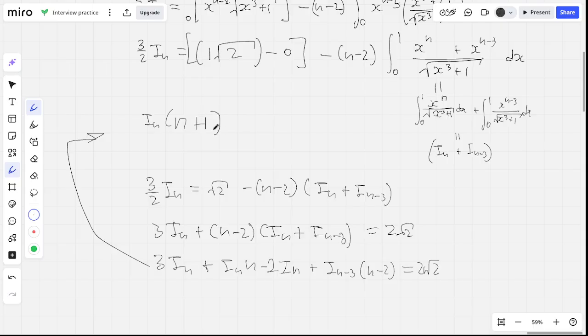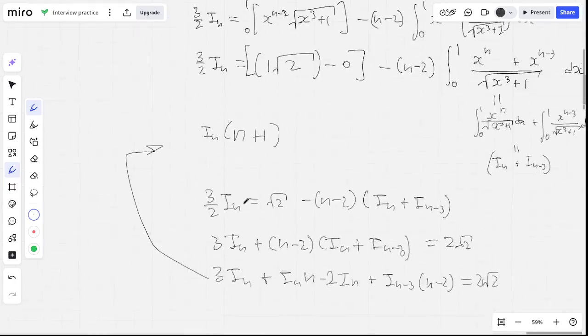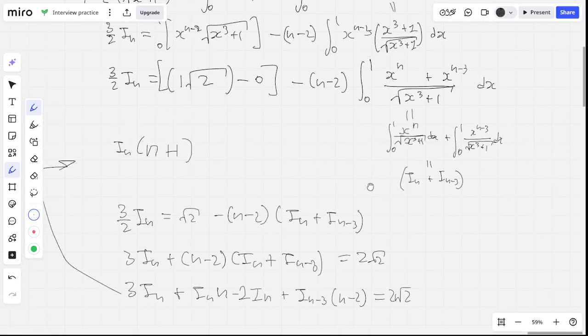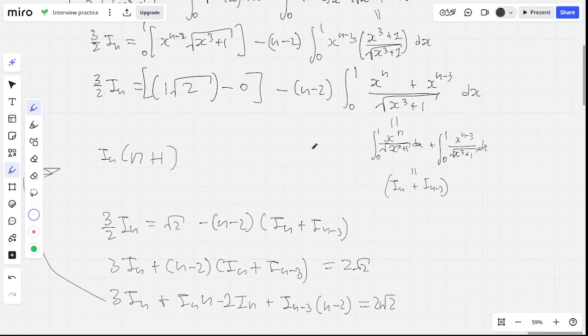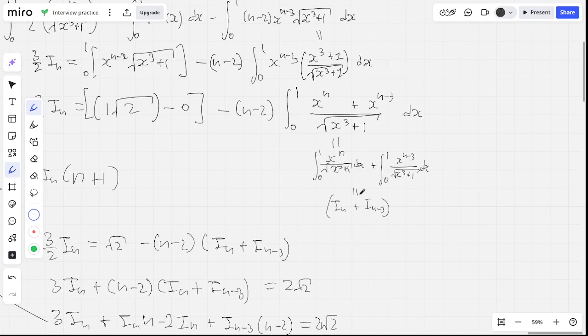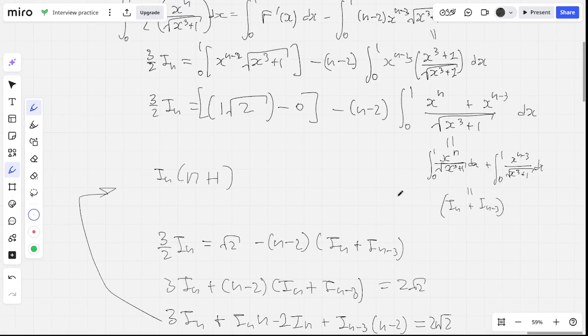I believe the n plus 1 is also here. Oh no, it's 2n minus 1. Did I go wrong somewhere? I know this line has to be correct. This is also correct. It's quite annoying. I don't know what it is about Miro that keeps on giving me problems.